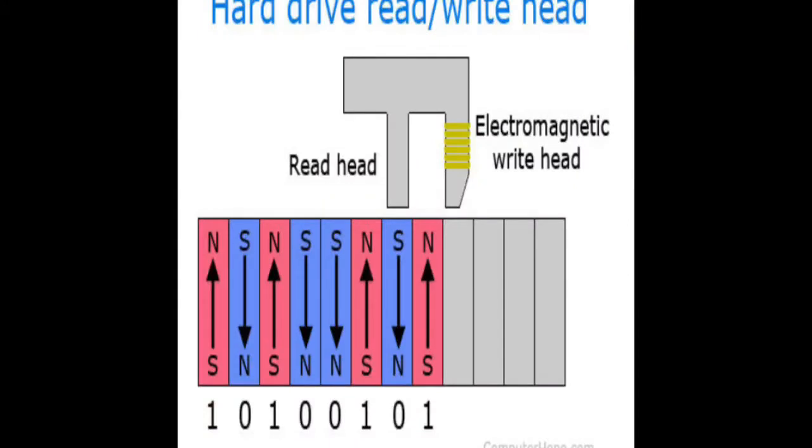Okay, so the representation of those poles will then be translated into information that is saved onto that storage media. So every storage media that uses magnetic properties usually has a read and write head, which is responsible for reading information from the disk, as well as transferring, which is writing, information to that storage media.